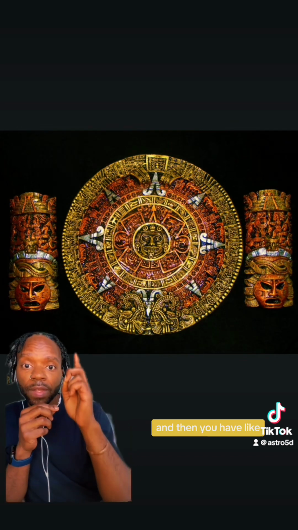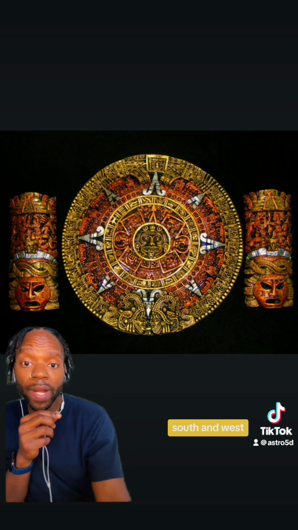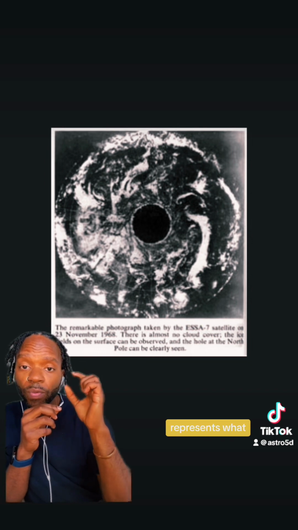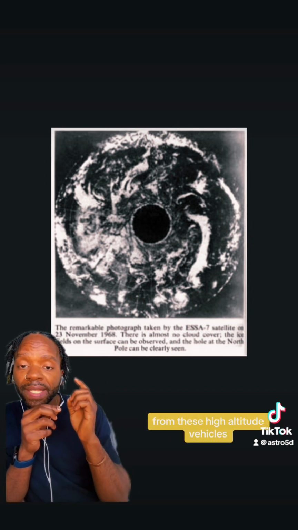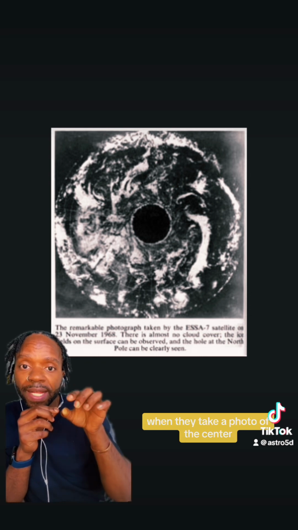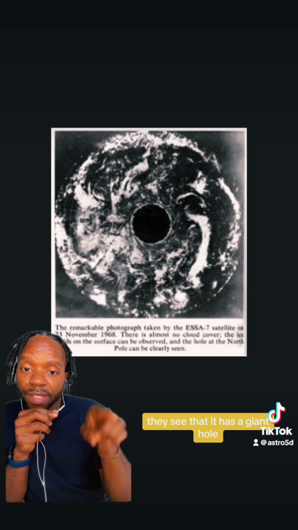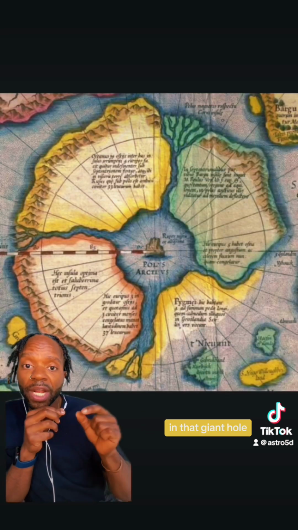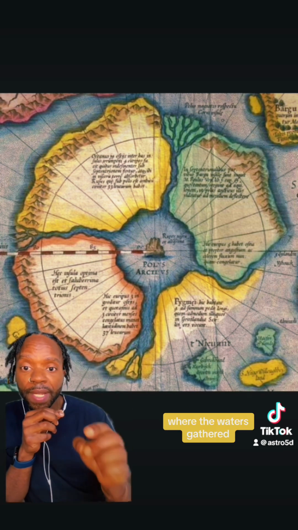Then you have the large arrows: north, east, south, and west. And that center represents what some people would find in photos from these high altitude vehicles. When they take a photo of the center of this flat earth plane, they see that it has a giant hole. And that giant hole is the Rubus Nigra, that black rock where the waters gathered.